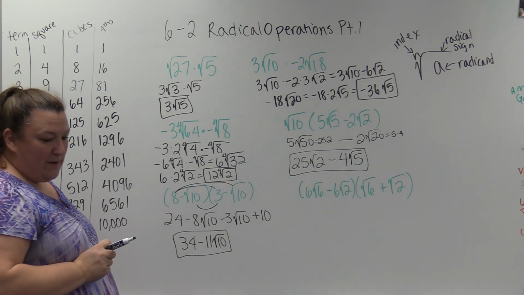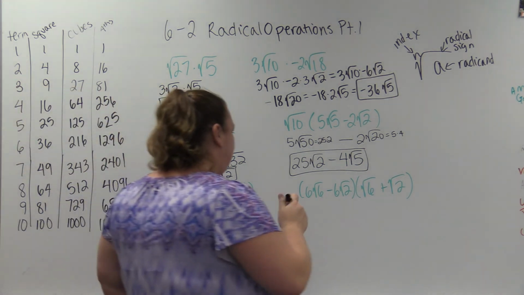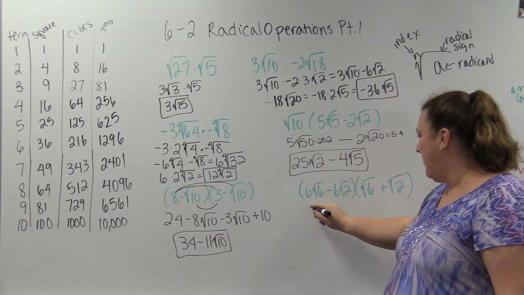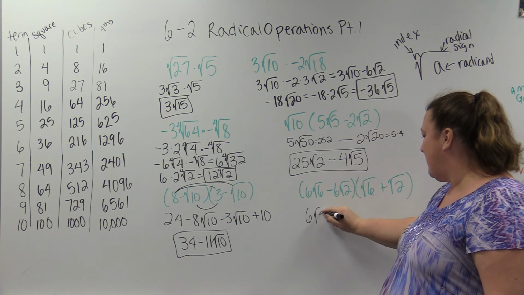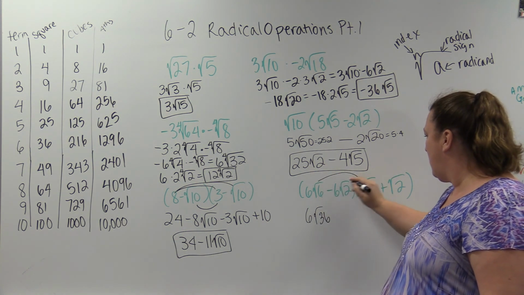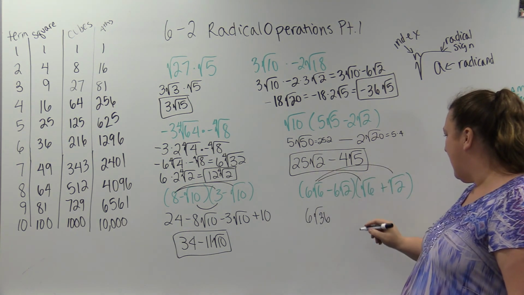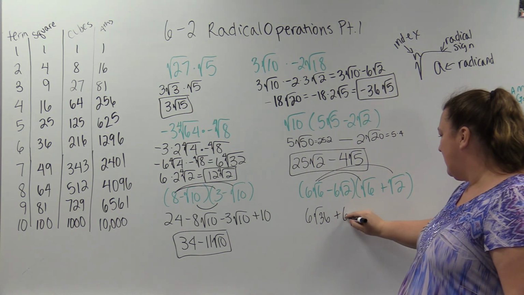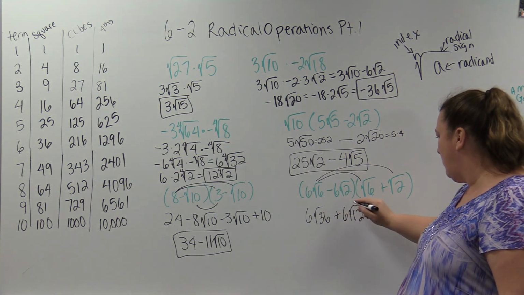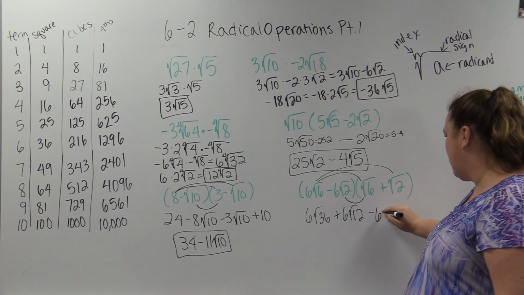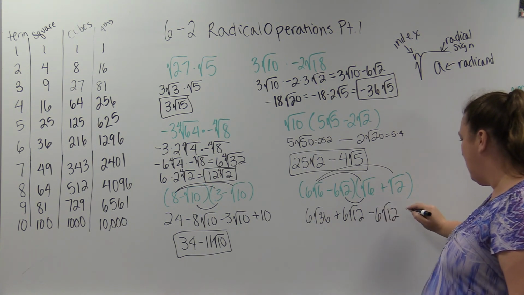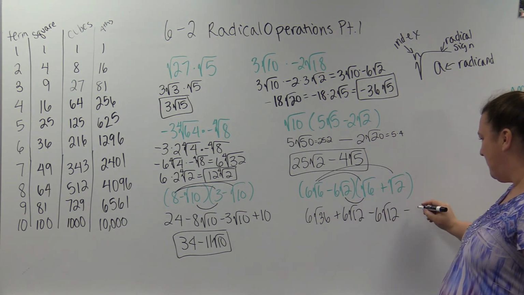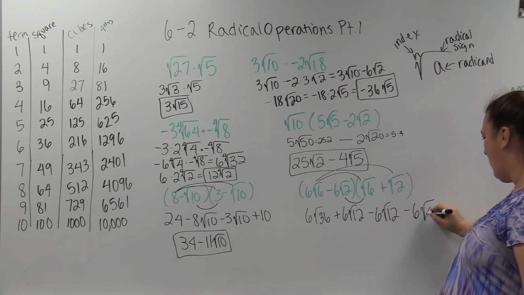And now we're going to do the last one. So when I multiply this, I get 6 square roots of 36. And I get 6 square roots of 12 minus 6 square roots of 12 minus 6 square roots of 4.